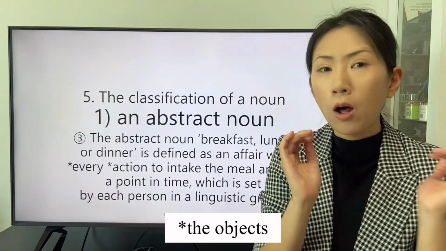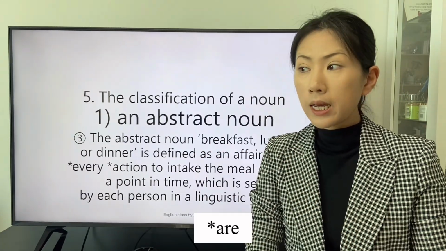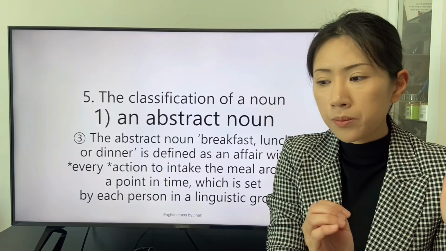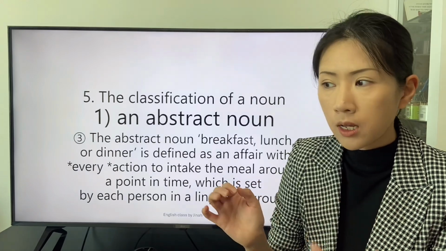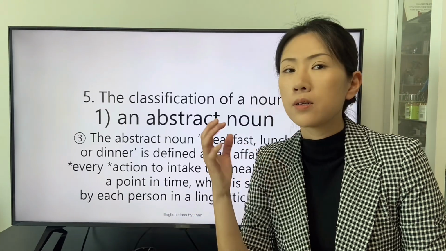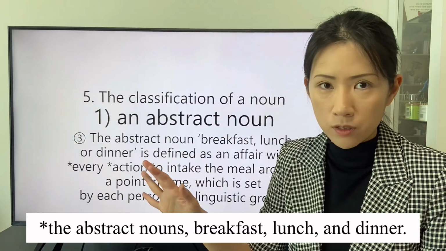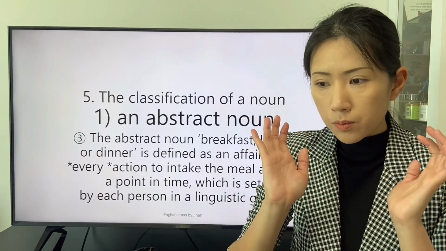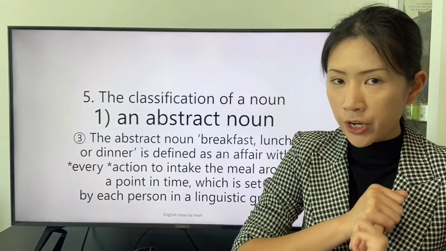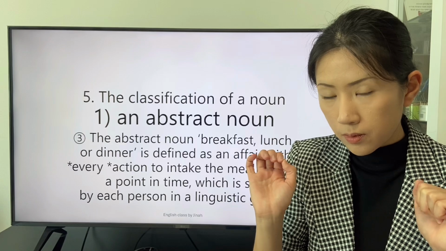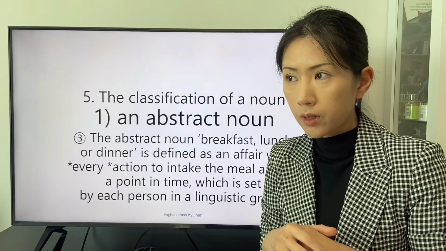The first reason why the nouns breakfast, lunch, and dinner are classified as the abstract nouns is that the object indicated by the nouns breakfast, lunch, and dinner is metaphysical. Every definition to define the breakfast is accepted. The nouns breakfast, lunch, and dinner indicate an affair with actions.